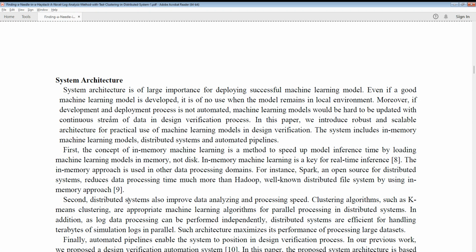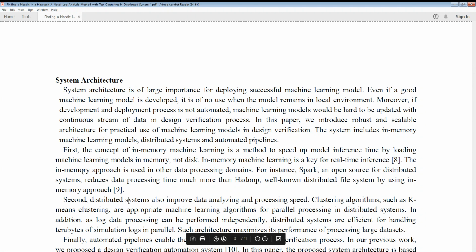The system includes in-memory machine learning models, distributed systems, and automated pipelines. First, the concept of in-memory machine learning is a method to speed up model inference time by loading machine learning models in memory, not disk. In-memory machine learning is a key for real-time inference.